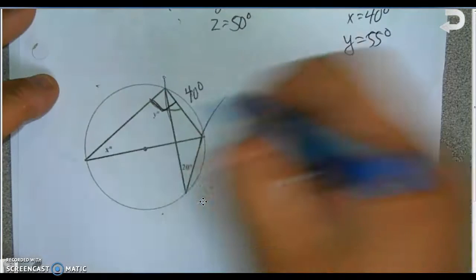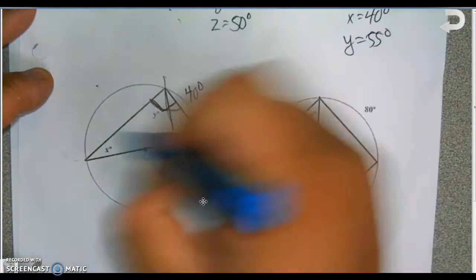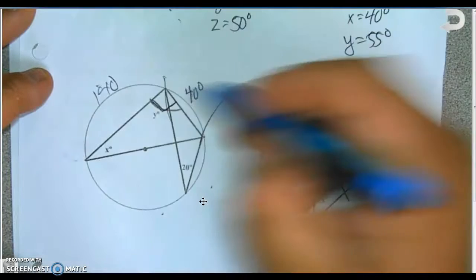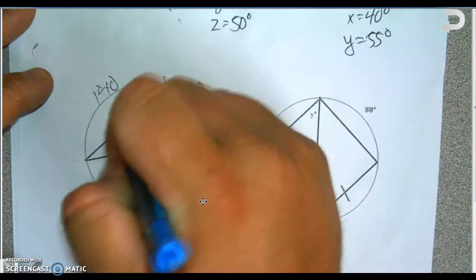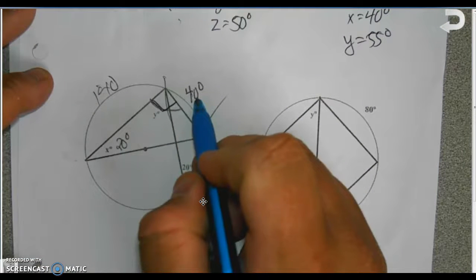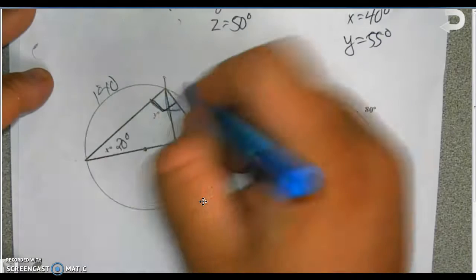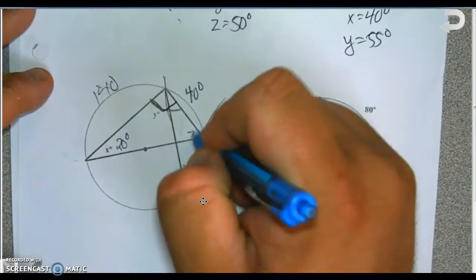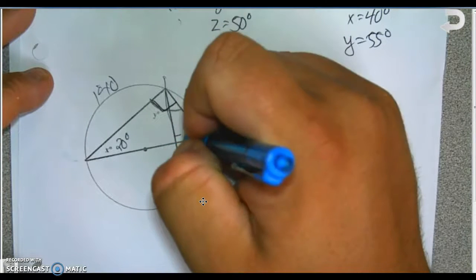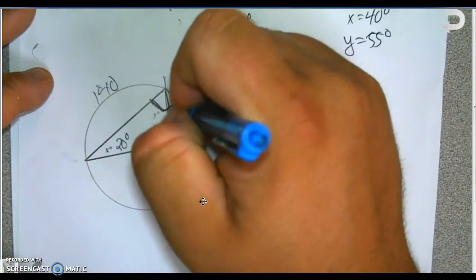And so what ends up happening is this would be 140. And this is 20 degrees because angle X intercepts arc 40. And then, because of this big triangle, this angle is 70, which means that this is a right angle and that this is 20.